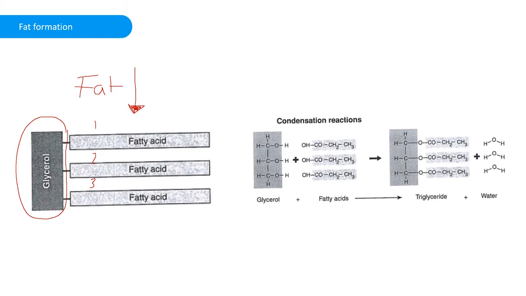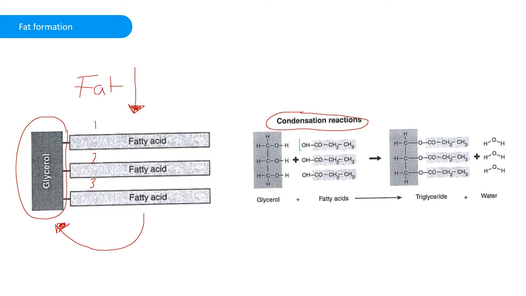But what I really wanted to show you is how these fatty acids are joined to the glycerol molecule, and you will not be surprised to see that it's our old friend, a condensation reaction or a dehydration reaction. And you can see that, let's just highlight this in green.